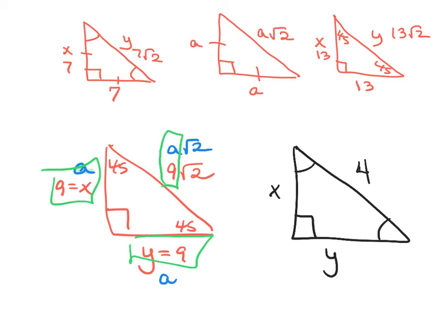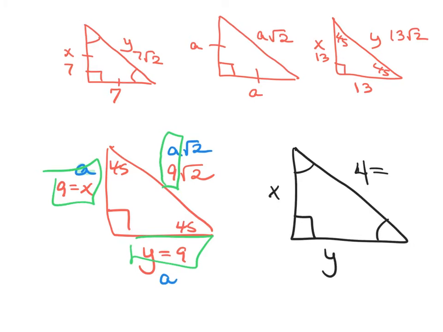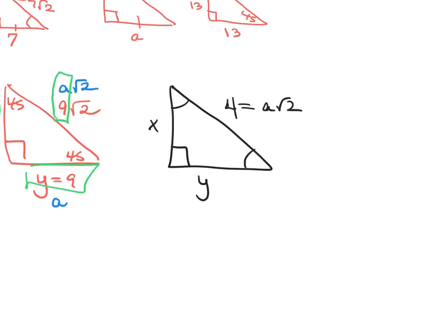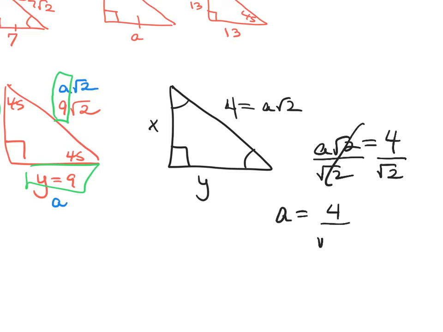First of all, in terms of the a's, what is the hypotenuse represented by? A square root 2. So now what I'm going to do is I'm going to solve this algebraically. Divide by root 2. This cancels. A is equal to 4 over the square root of 2.